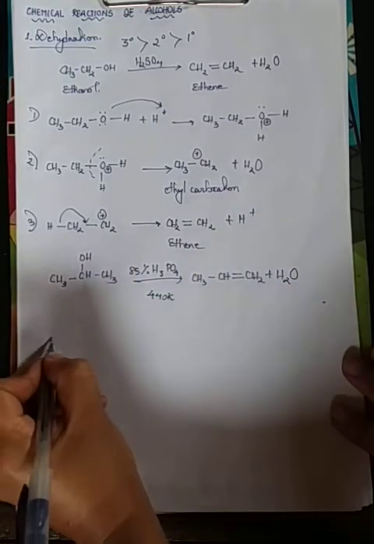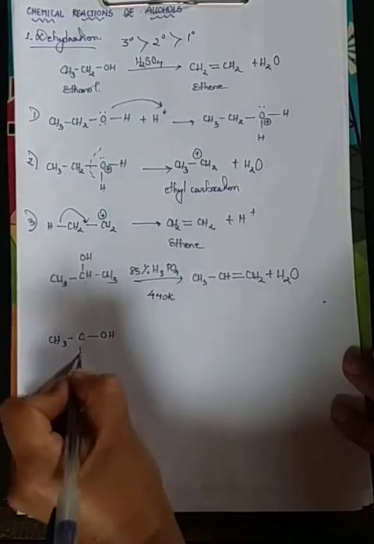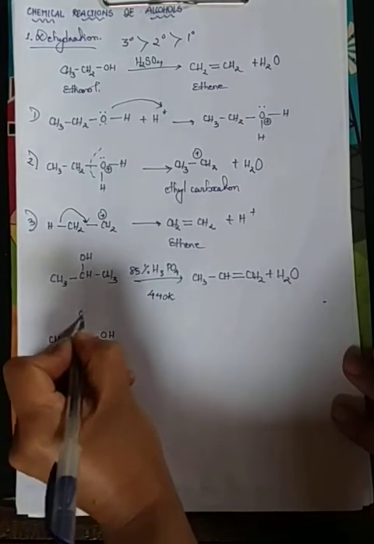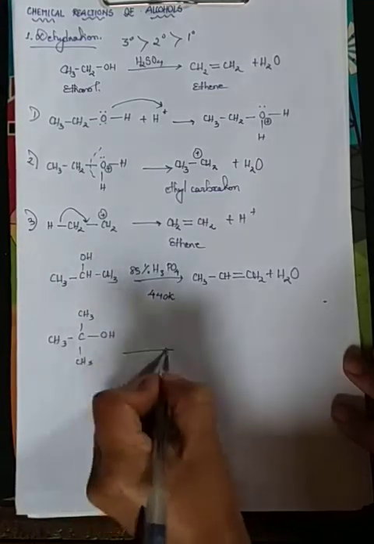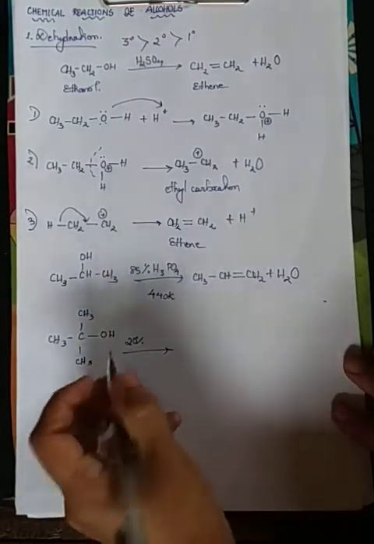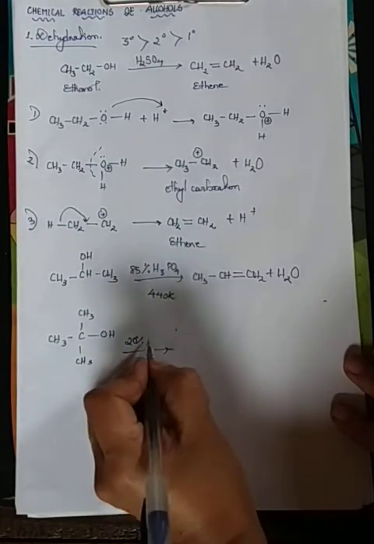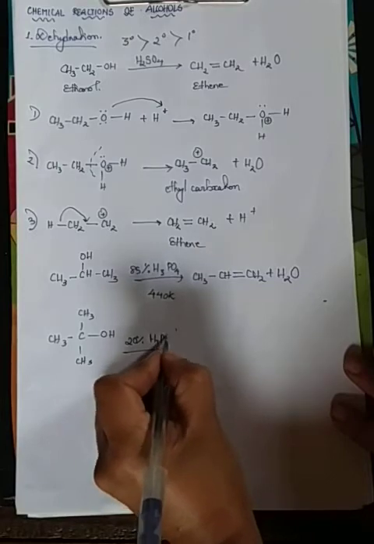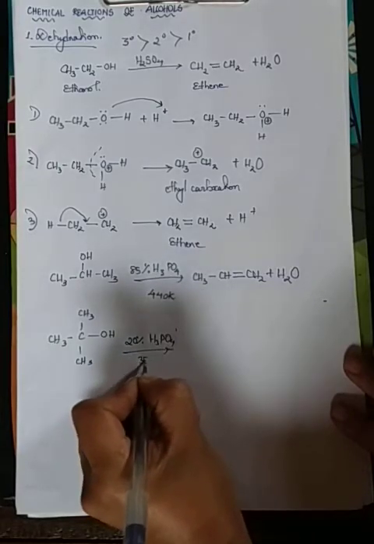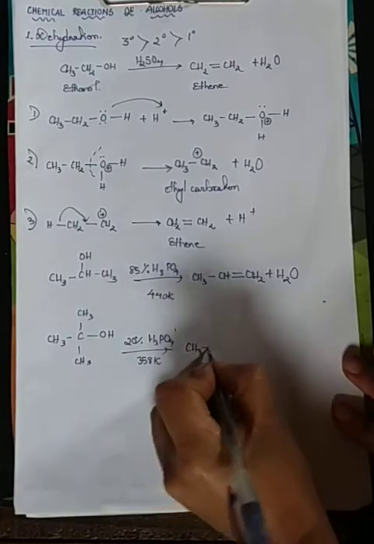Then an example of a tertiary alcohol would be this, our tertiary alcohol. Since the reactivity of a tertiary alcohol is more, the condition here would be a little lower, H3PO4 at 358 Kelvin, and then we'll be getting our alkene.